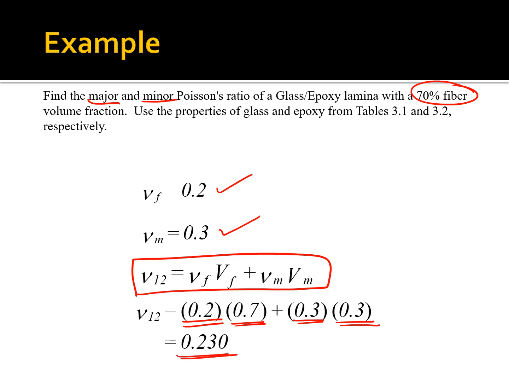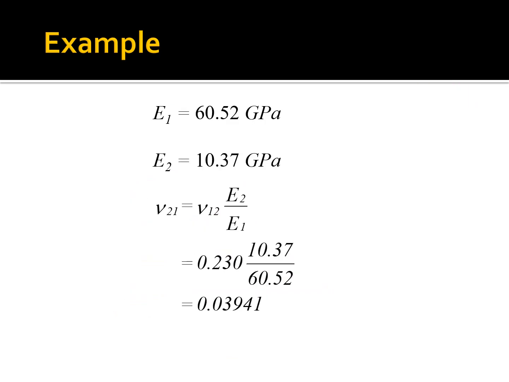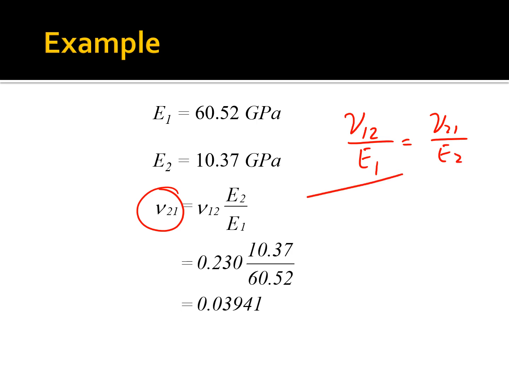Again, you will find that the major Poisson's ratio you get from this formula will be somewhere between the Poisson's ratio of the fiber and the matrix itself. If we want to find the minor Poisson's ratio, then we know the reciprocal formula: nu21 over E2 equals nu12 over E1, and that gives us nu21 to be equal to this. We just found the major Poisson's ratio to be 0.23.